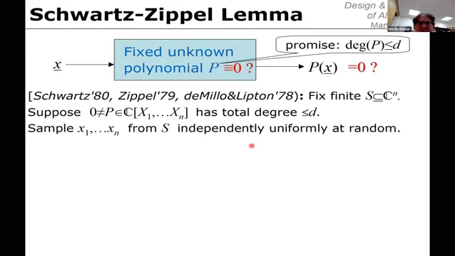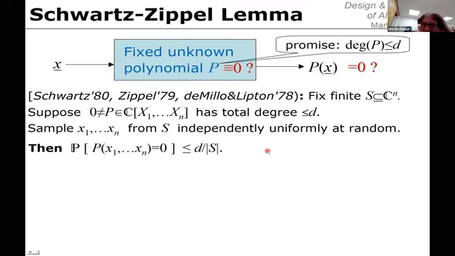And the lemma says, if we sample arguments independently at random from any fixed set S, then the probability, when evaluating this non-zero polynomial at these arguments, to result in the value 0, although it's a non-zero polynomial, is at most d divided by the cardinality of S. Okay, so that means this is a bound on the probability for the generic black box test to fail, right?